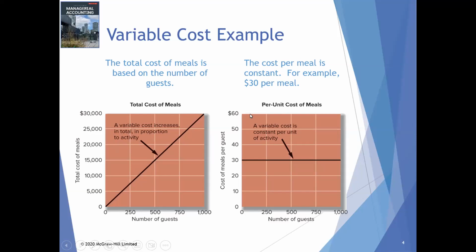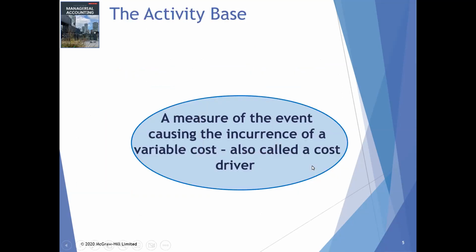But the per unit cost in the case of a variable cost will remain the same. As the number of guests increases, the cost of the meal per guest will remain the same. The per unit cost is not going to change. So this is the example of a variable cost.